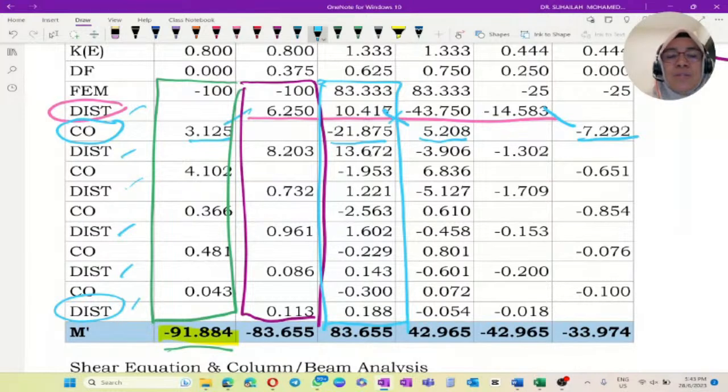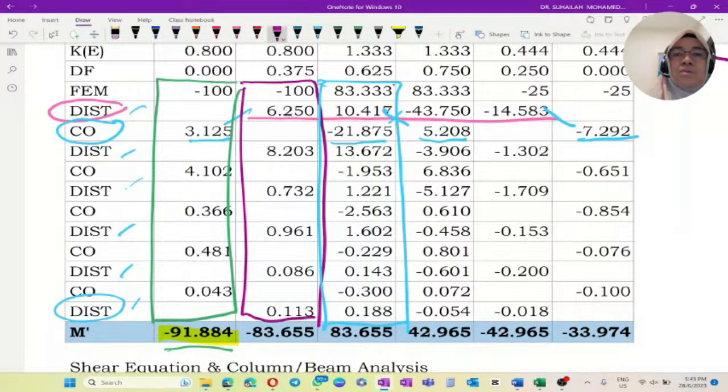Please take note that BA and BC represent MB, where MB is MBA plus MBC. So that is why we will get the same value, but one negative, one positive, to represent MB equal to 0.